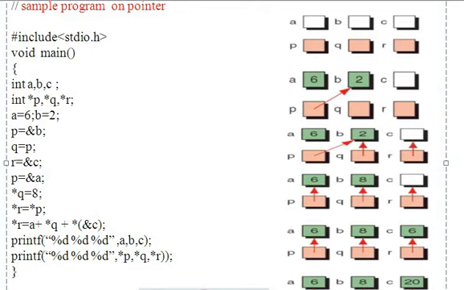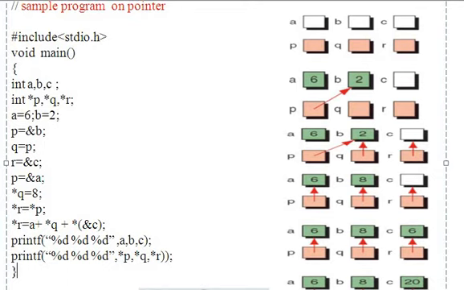Whatever the value of *P is assigned to *R, R holds the address of C. And observe one thing here, the variable C is not assigned any value. So *R is nothing but value of C is equal to *P. *P here is nothing but the value of A.